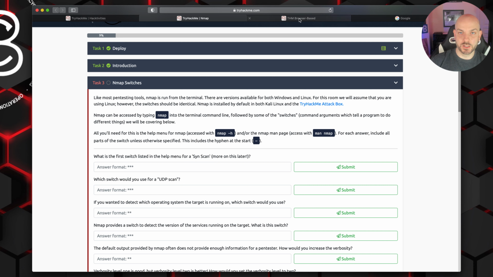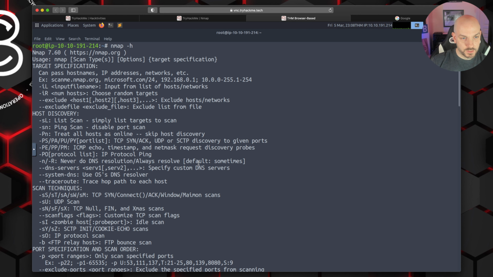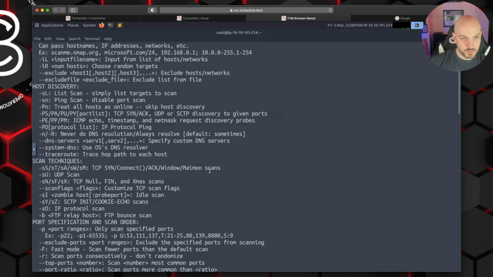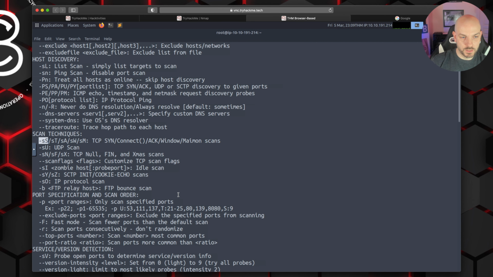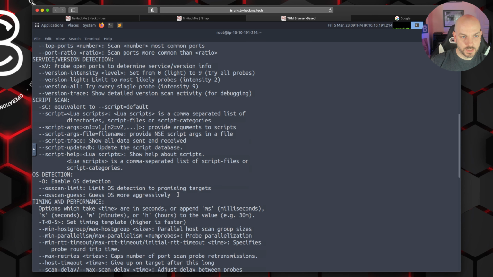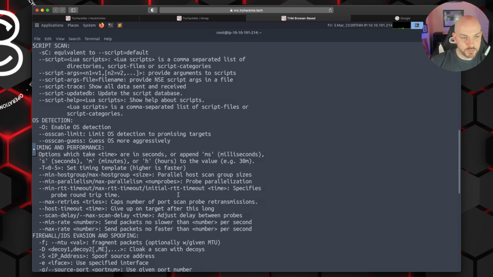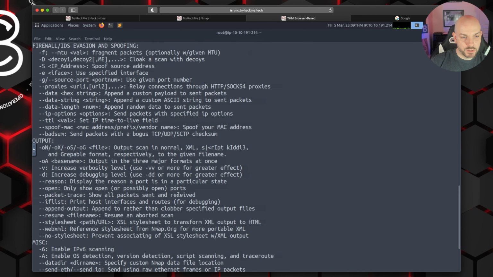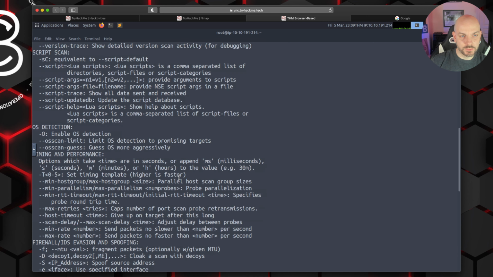And I'm sure we're going to talk about what SYN scans are later. So I think scan techniques, TCP SYN, I think this is what they're looking for, but see if there's any other things here that pop out. Output, miscellaneous. No, I think that's going to be what it is.